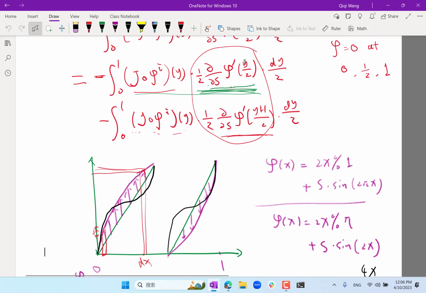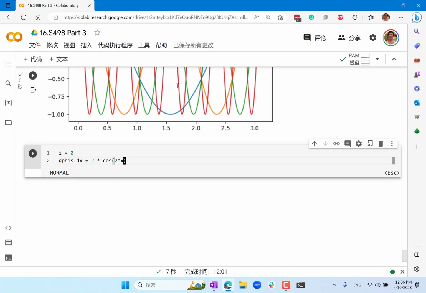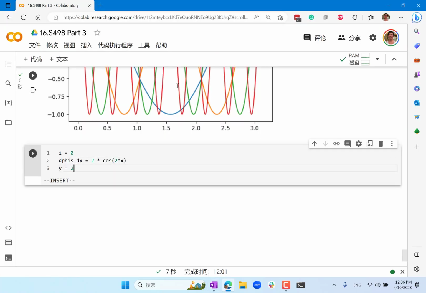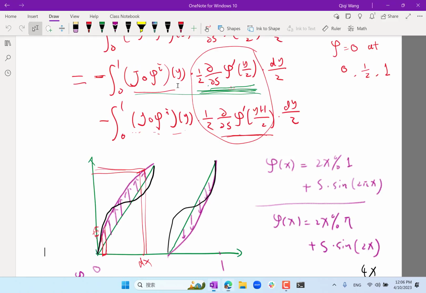Another thing you can do is compute y, which is going to be 2 times x modulo pi, so that's my y, and this is going to be evaluated at y, right?